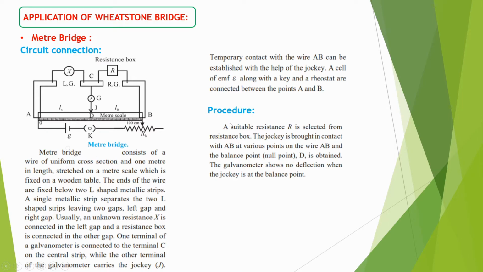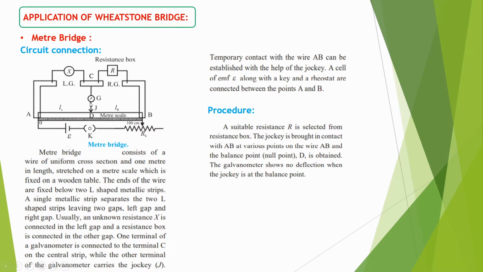So at first we select a suitable resistance from the resistance box and note it down. The jockey is brought in contact with AB at various points on the wire AB, and the balance point, the null point D, is obtained.